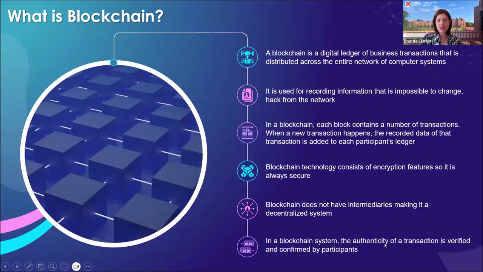And in a blockchain system, the authenticity of the transaction is verified and confirmed by participants. So this is a new way of doing business as well. There is this thing called consensus within a blockchain, okay? So for a transaction to get entered onto the blockchain, there has to be consensus within the users on the blockchain. So at least 51% of the users of the blockchain have to agree to the transaction.